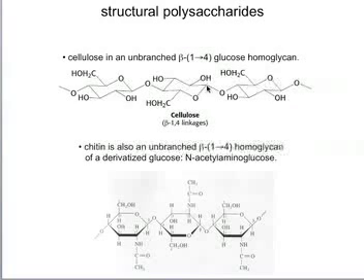So again, the anomeric carbon is here, but the molecule has been flipped with respect to this one. So carbon 1 to carbon 4. In any case, there's cellulose. Chitin, same molecule, beta 1 to 4 homopolymer. However, instead of using glucose, we have an N-acetyl modification at carbon 2, changing the structural characteristics of the molecule.